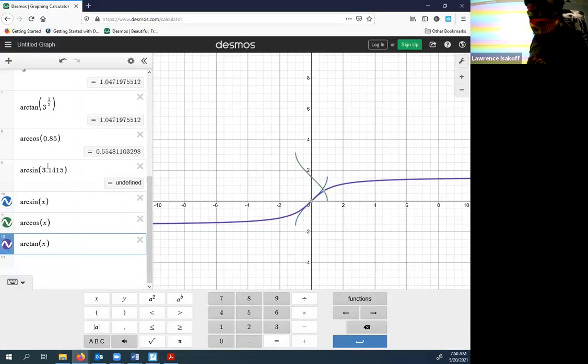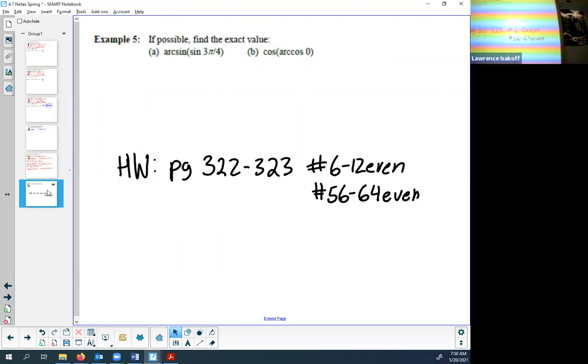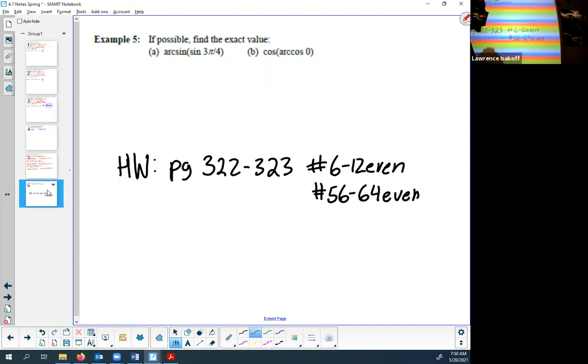However, I'm going to show how we can still do something with this. It's not going to be a straight canceling, but we can do a little something with it.